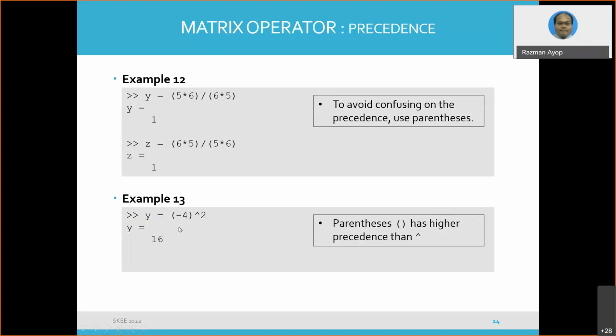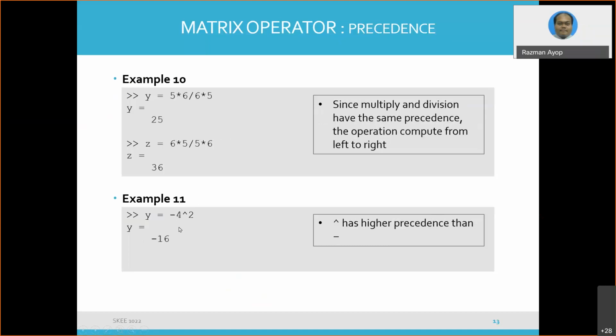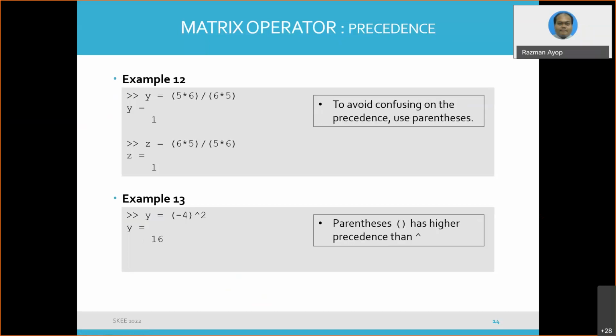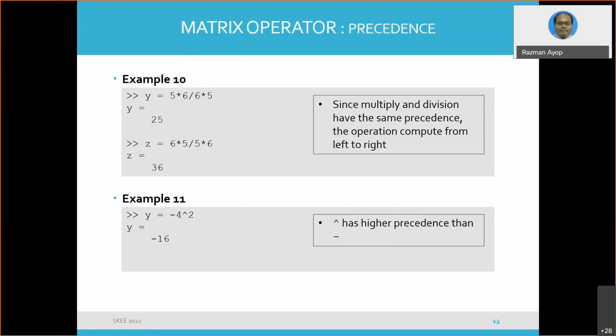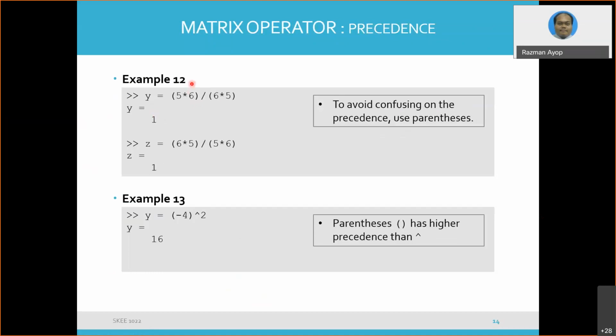Okay, it is the relationship between different levels. If you can see example 12, okay, if you do this, you get a different answer. If you do this, you get an answer like this. But if you put bracket, MATLAB has to solve the bracket first.